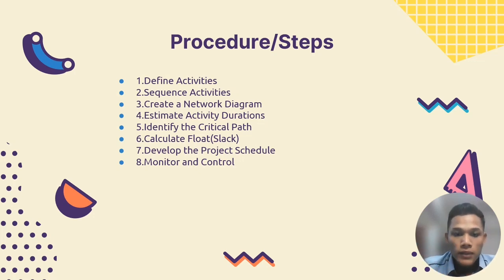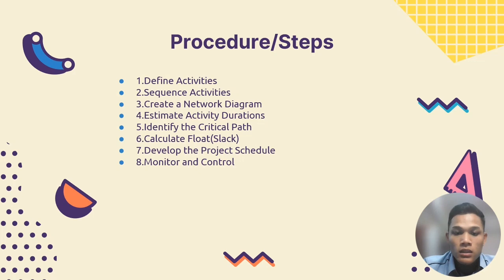Number five is identify the critical path. Calculate the earliest start and finish times, as well as the latest start and finish times for each activity. This helps in determining the critical path, which is the longest path through the network.